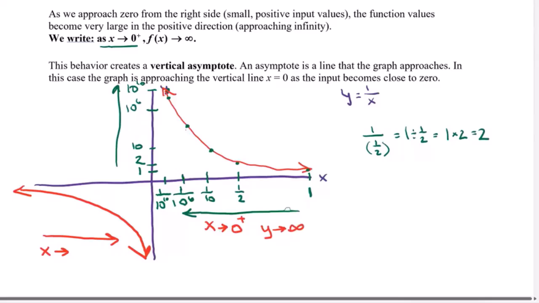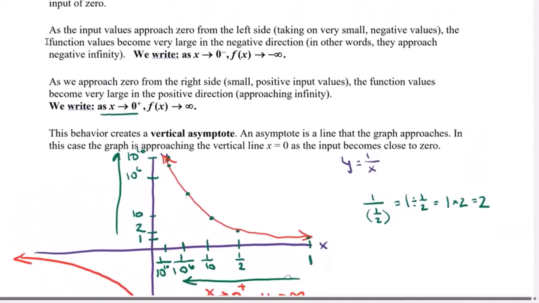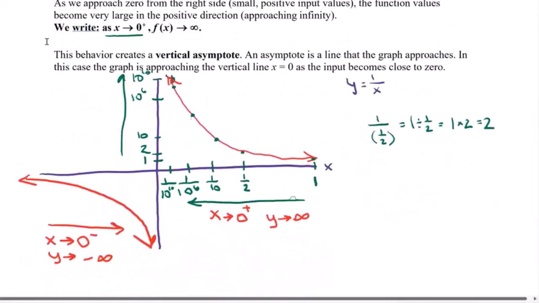As x approaches 0 from the negative side, y is approaching negative infinity. Okay? And that's basically what all that says. Hopefully that made it a little more clear.